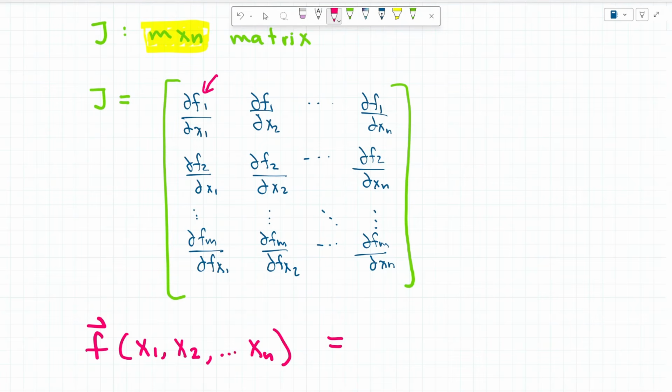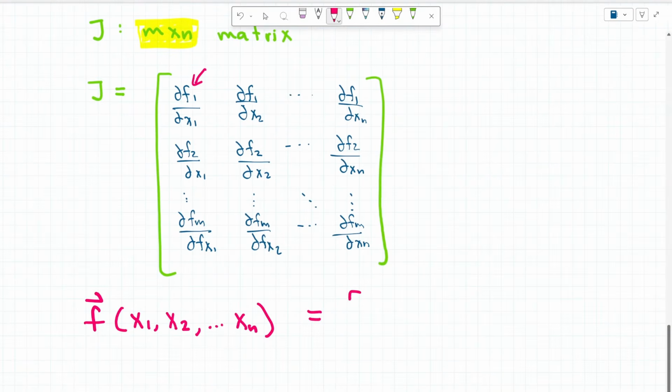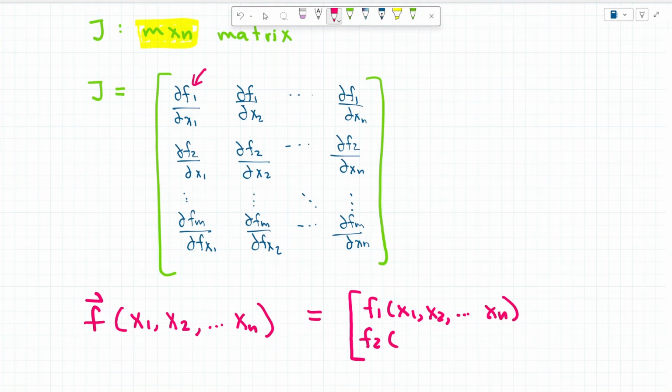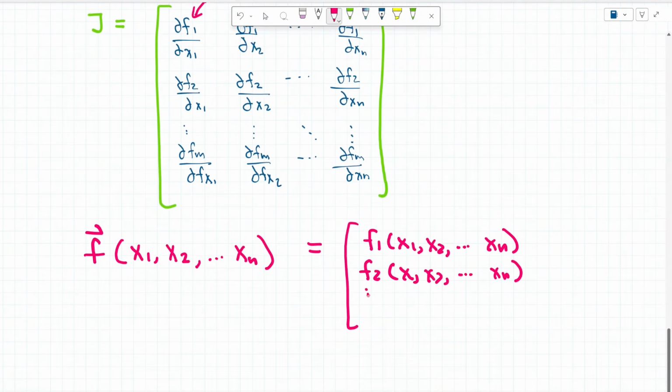Essentially, this is going to look like a vector of your first function within it, f1 of x1, x2, all the way to xn. Then you have your f2 of x1, x2, all the way to xn, and so on until you end up at your nth function of x1, x2, all the way to xn.